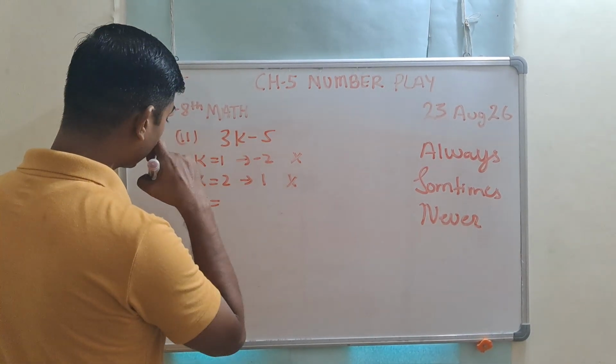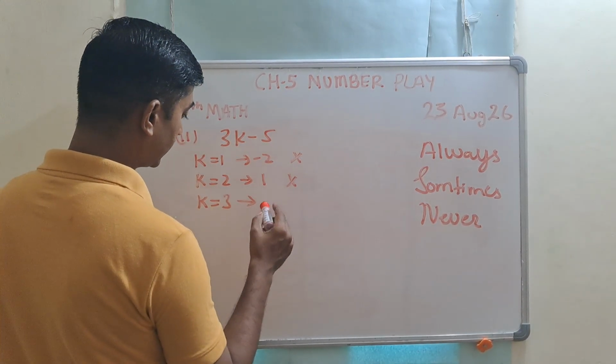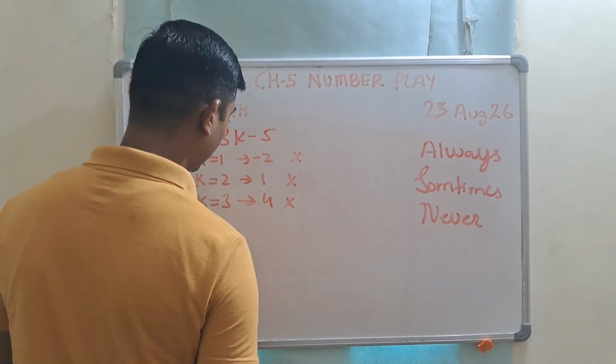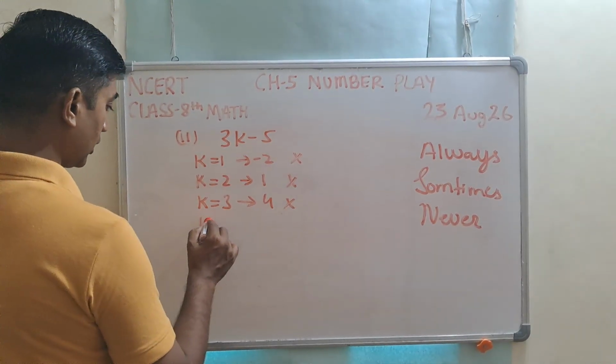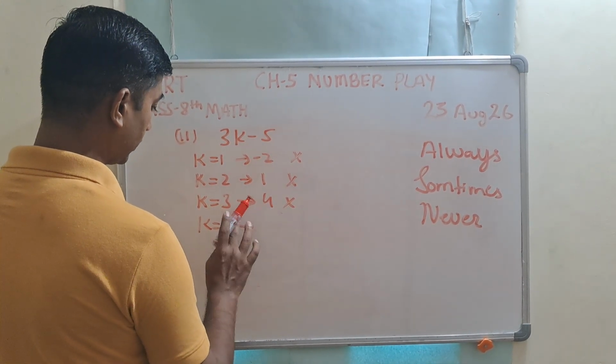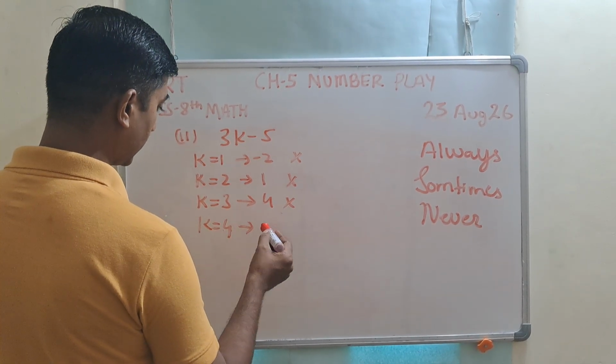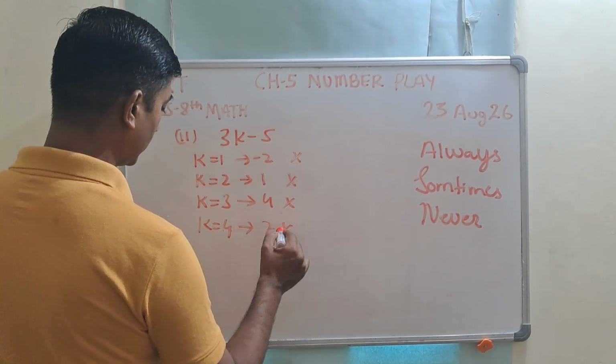When k is equal to 3, our result is 9 minus 5, which is 4, not true. When k is equal to 4, 12 minus 5 is 7, not true.